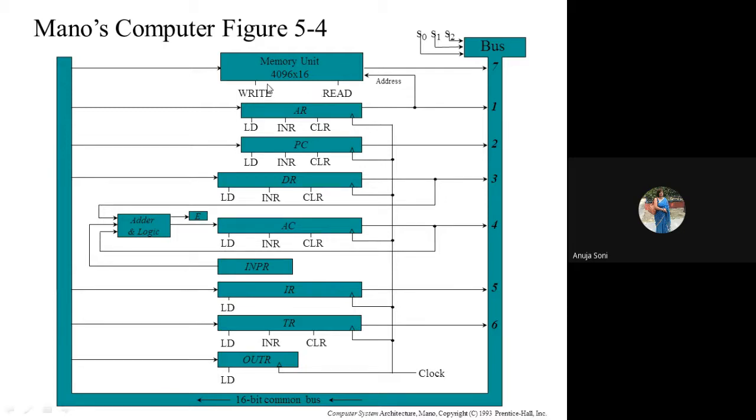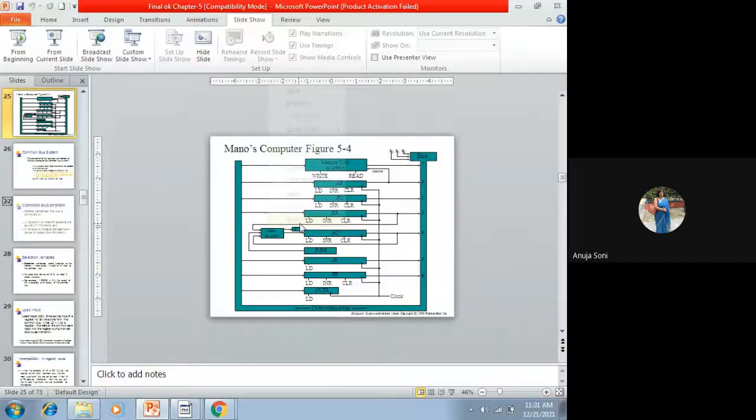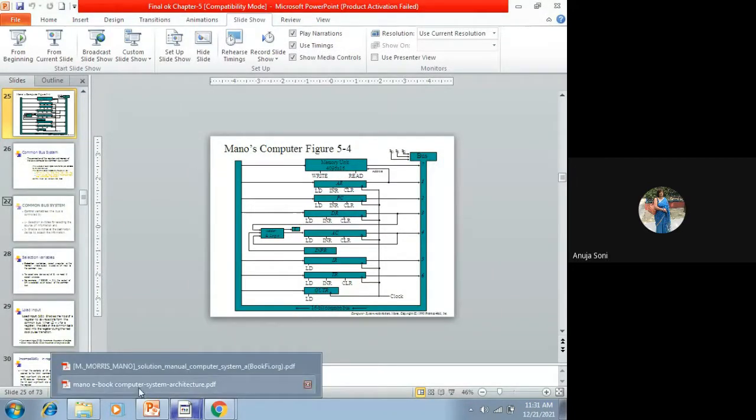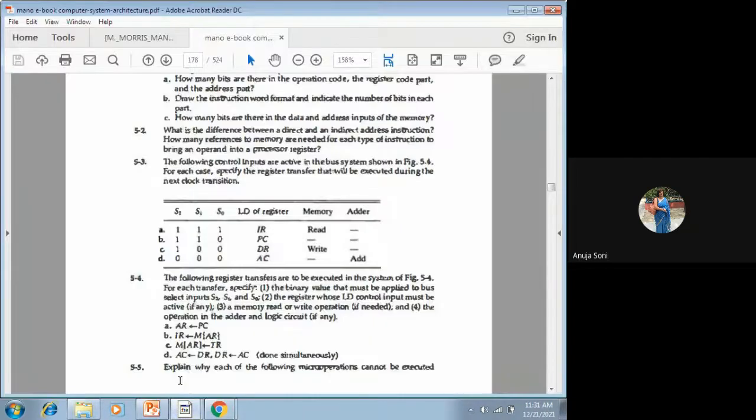Now we'll go step by step. First of all, we'll discuss part A. What part A says is that the value of S0, S1, S2 is 111. 111 is given in binary form, while in decimal form, its value is 7.